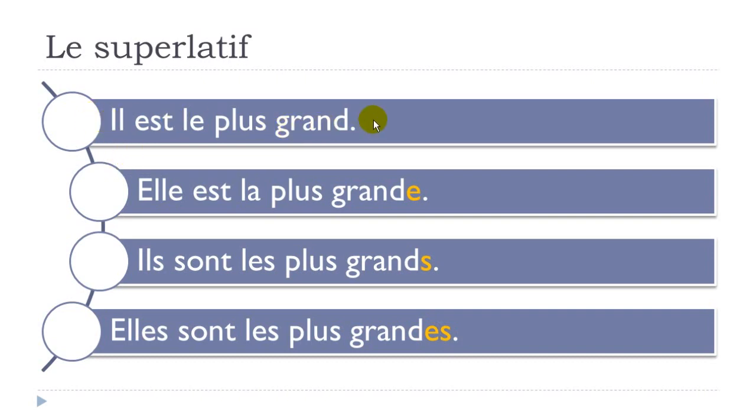Il est le plus grand, elle est la plus grande, ils sont les plus grands, elles sont les plus grandes. Okay, so phonetically, what you can hear is that the first form here for the masculine, grand, where you don't pronounce the final D, will be exactly the same as the plural form for the masculine, grand.